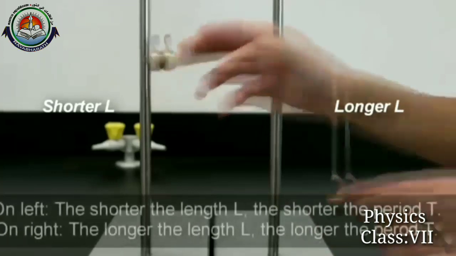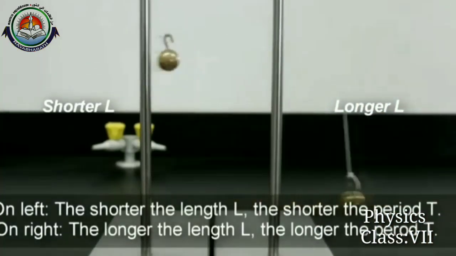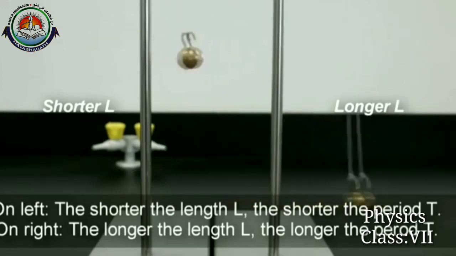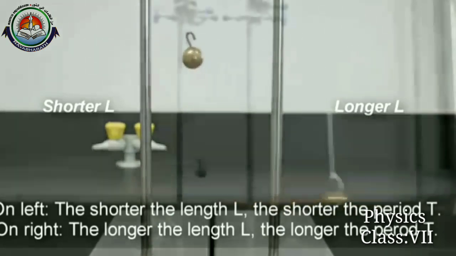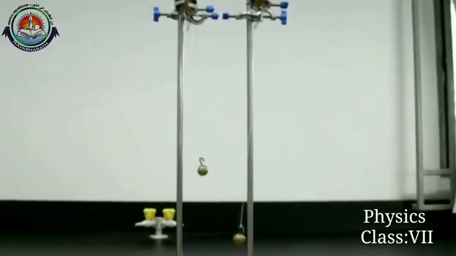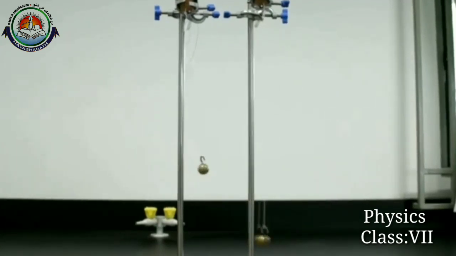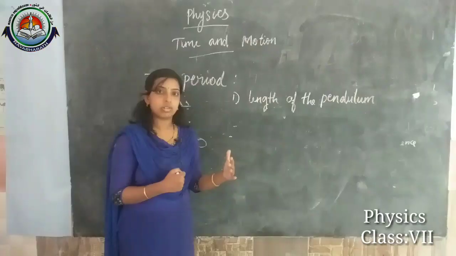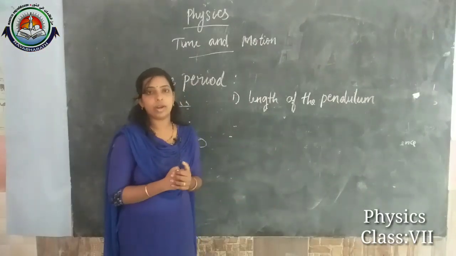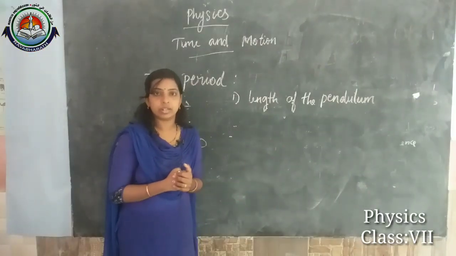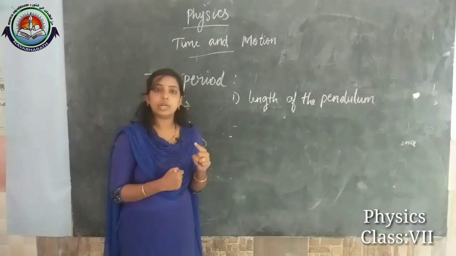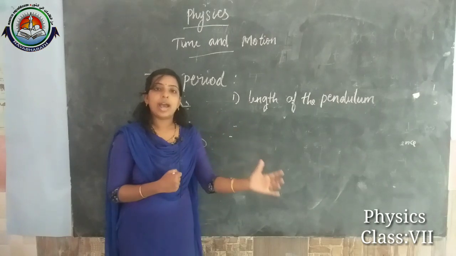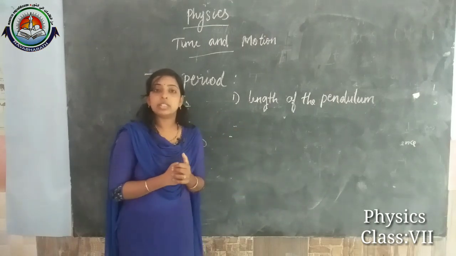Now watch closely how they are oscillating. Both pendulums begin oscillation together. Now, in both cases, are they oscillating the same way? No, because the shorter one oscillates faster than the longer one. Is it right? For completing one oscillation, the shorter one took very little time and the longer one needs more time.